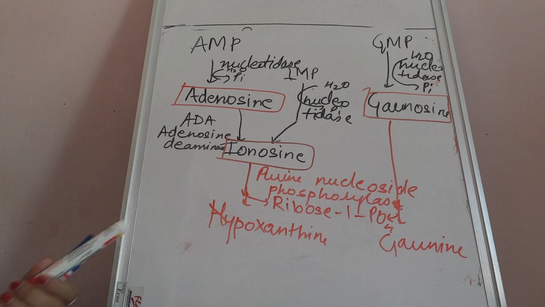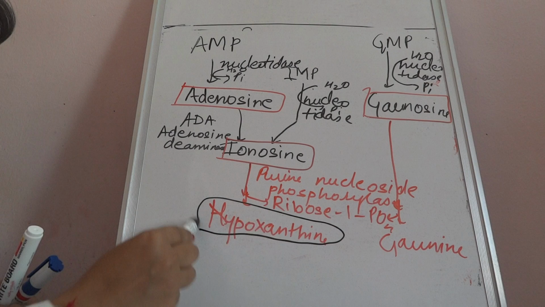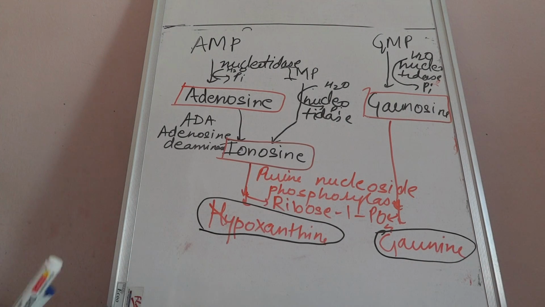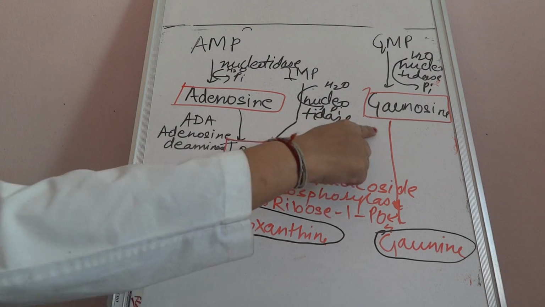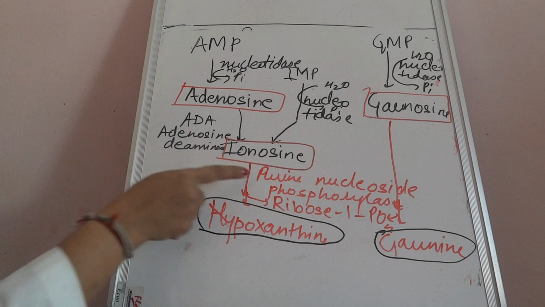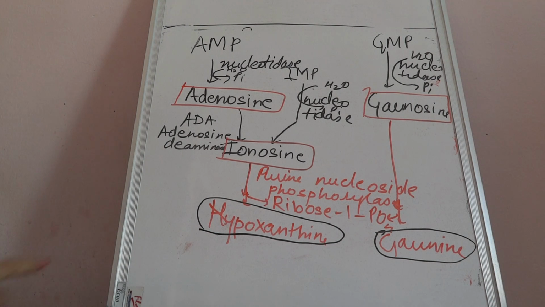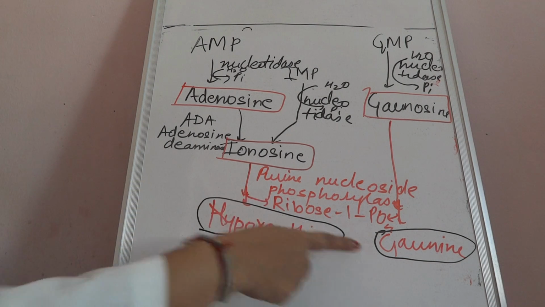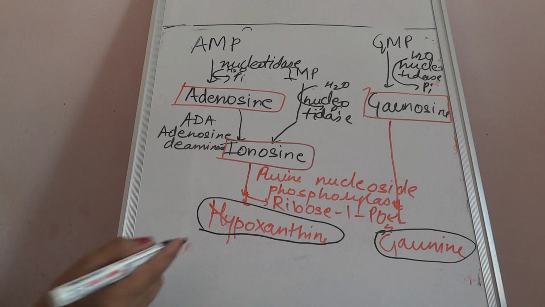So till here, now we have hypoxanthine and we have guanine. Inosine and guanosine were acted upon by the same enzyme, purine nucleoside phosphorylase. Now hypoxanthine and guanine will be acted upon by different enzymes.